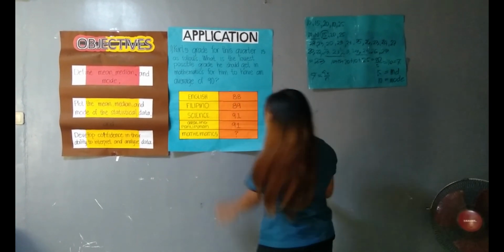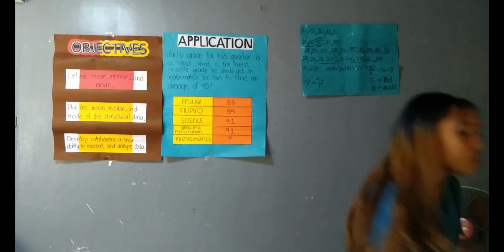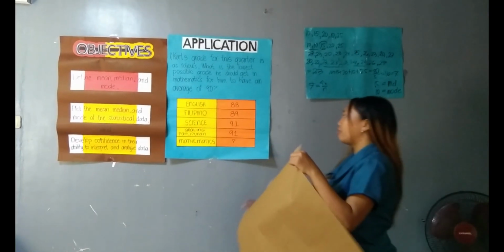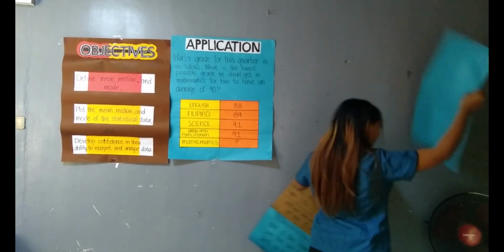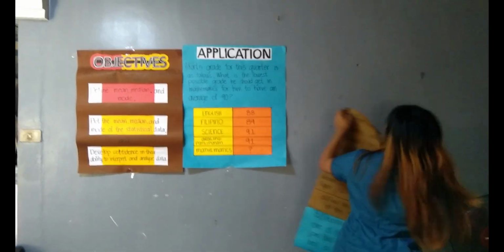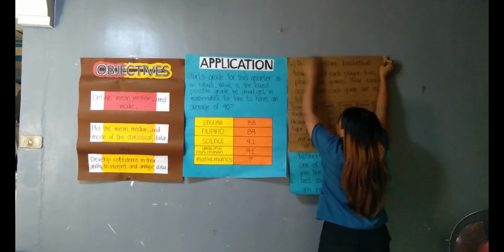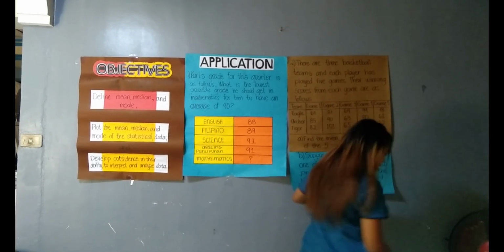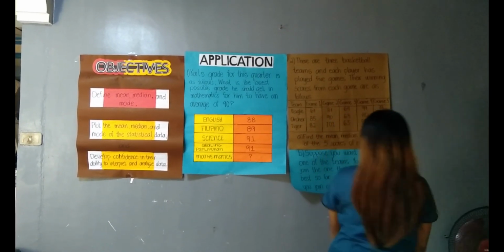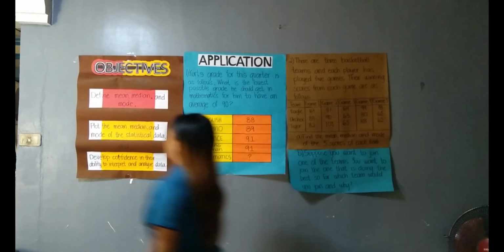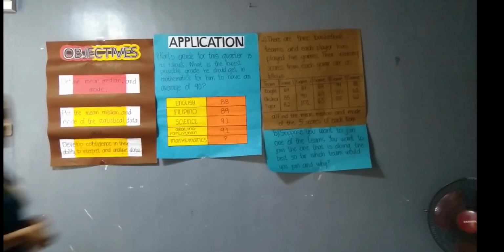So, for this problem, you should find the answer of each problem. So, in 1/2 sheet of paper, crosswise, answer this one. Your timer starts now. So, time is up. Let's check your work.